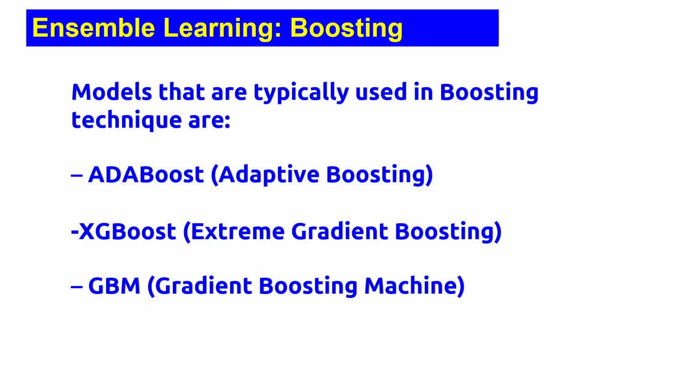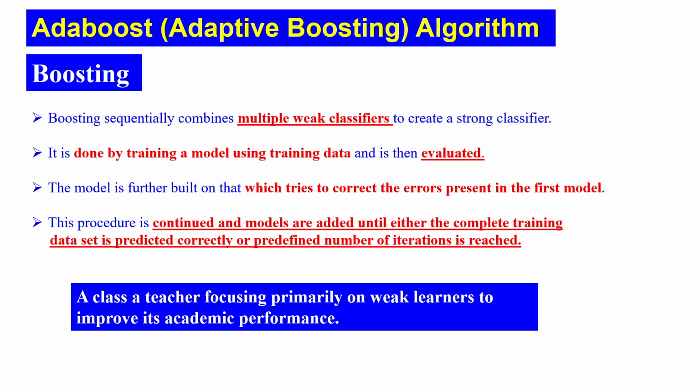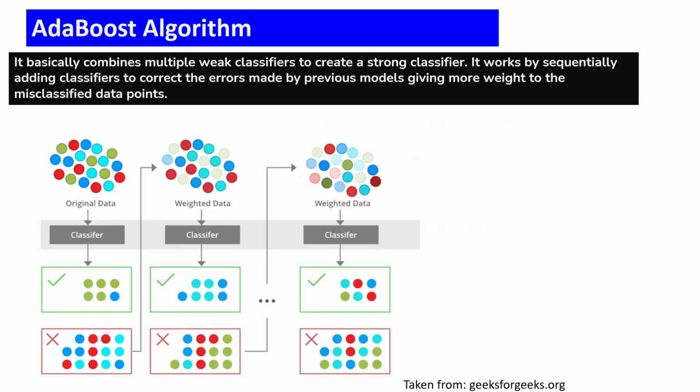So, there are different types of boosting models we discussed, AdaBoost and gradient boosting models. AdaBoost is basically called adaptive boosting, and in this case it is simply what is done. Let me go to the next slide. So, let us say we have original data like this, a mixture of different colors of balls and you want to classify them.